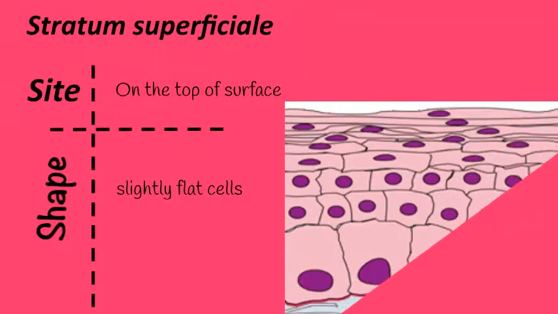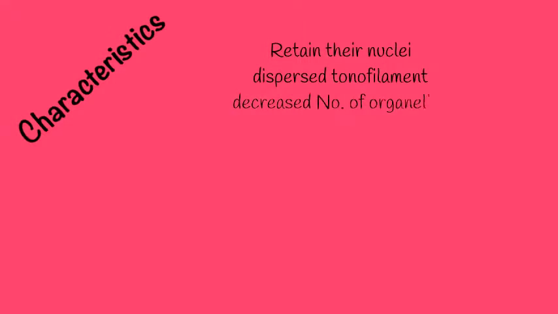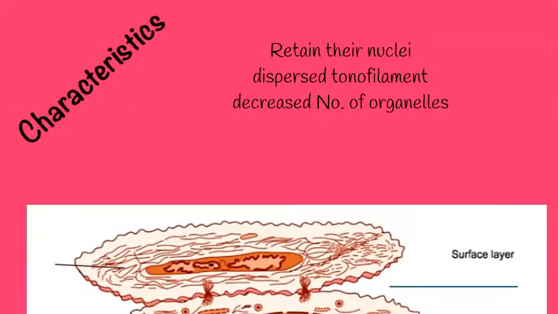Stratum superficiale: in this picture you can see stratum superficiale. The cells are flat and contain nuclei. They also contain fewer tonofilaments and lack keratohyalin granules.